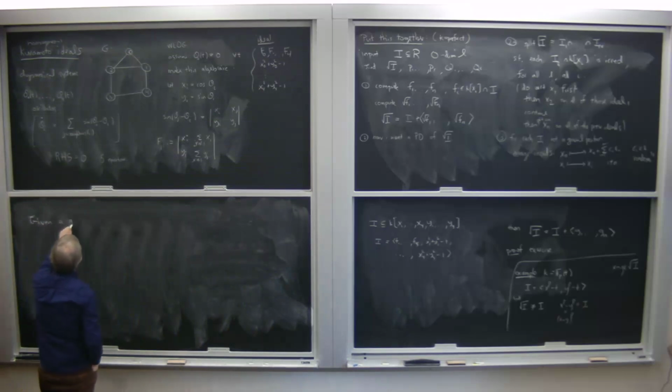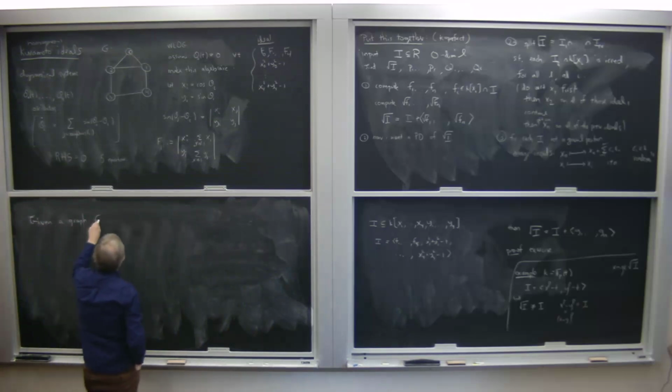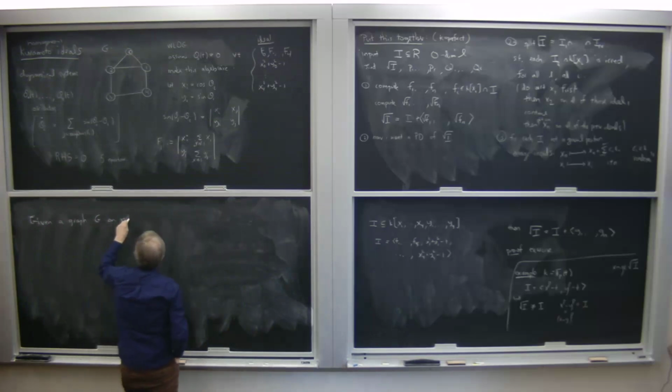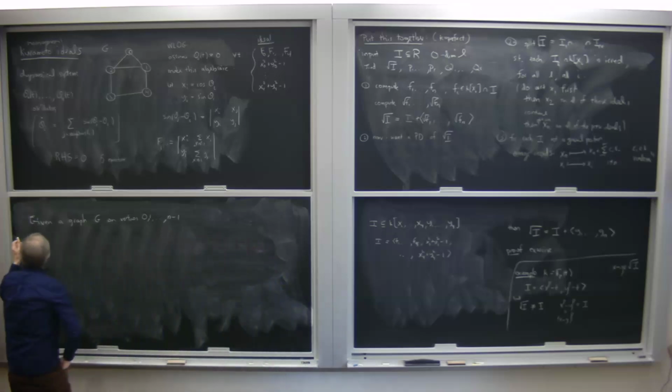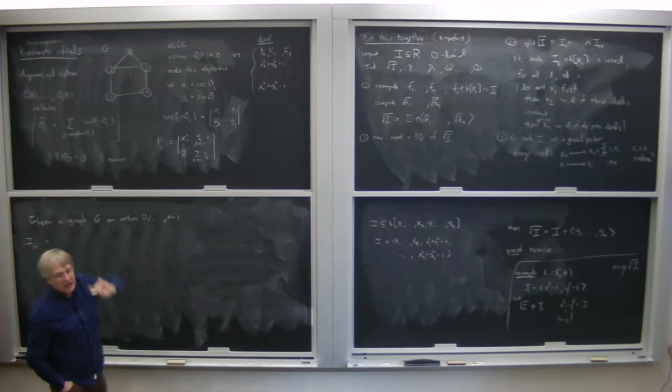Given a graph G on vertices, say 0, 1 up to n minus 1, we get several ideals. The first ideal, let's call it I sub G, is going to be just the F's, not the other ones.